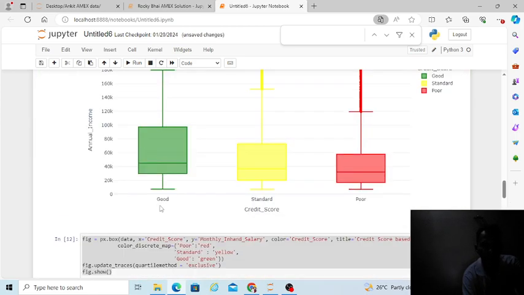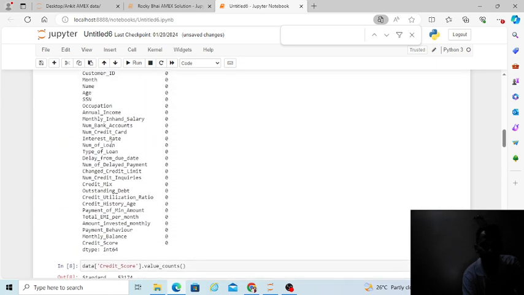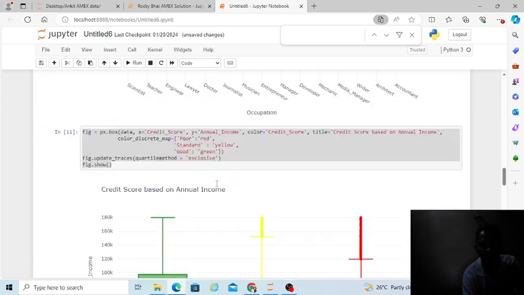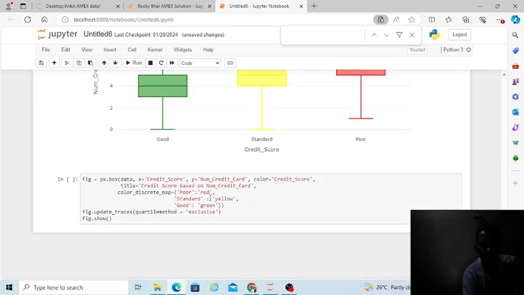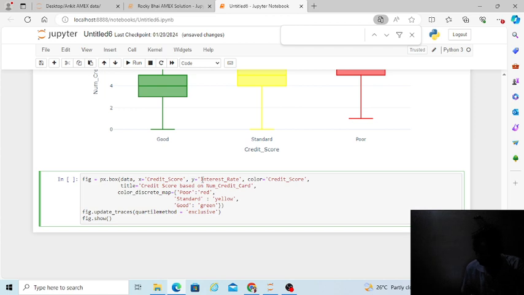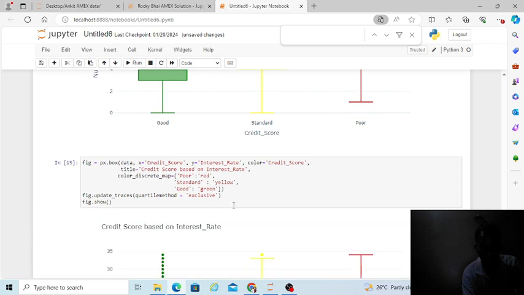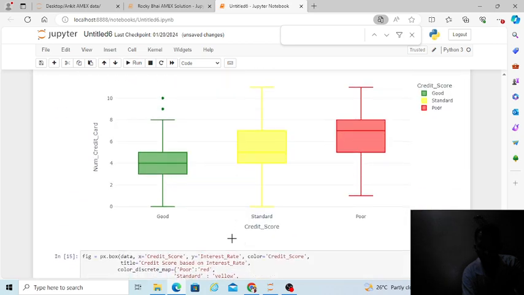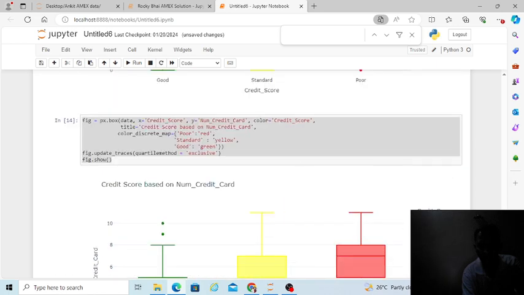So for the interest rate also, we'll check what kind of credit worthiness is there.